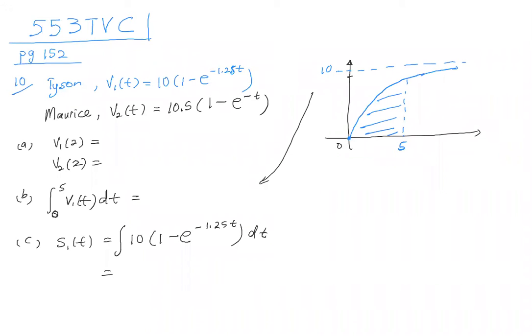Which formula is important? 10 is a multiply, so I can put the 10 outside here. Okay, 1 is a constant. Take away exponential. So you see, I straight away come up with my formula.